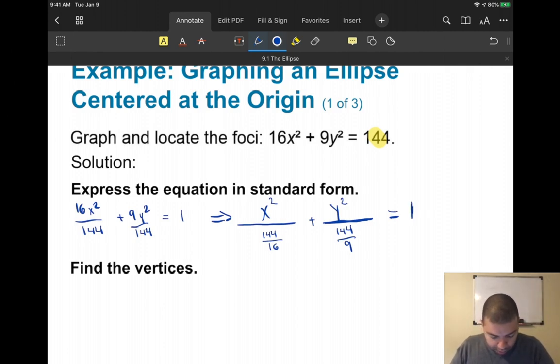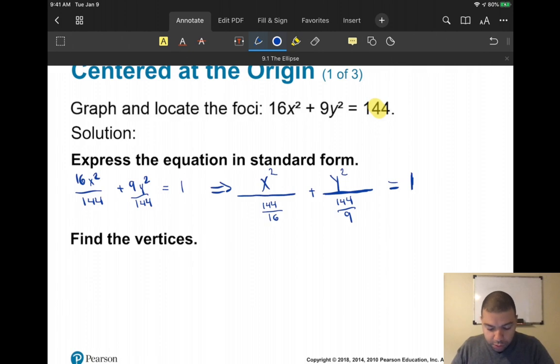So my decision now: which of these two is the largest? So I've done it, right? It's in standard form. Which of these two is the largest value? So I have these two numbers here as candidates for A squared and B squared. The biggest one is A squared.